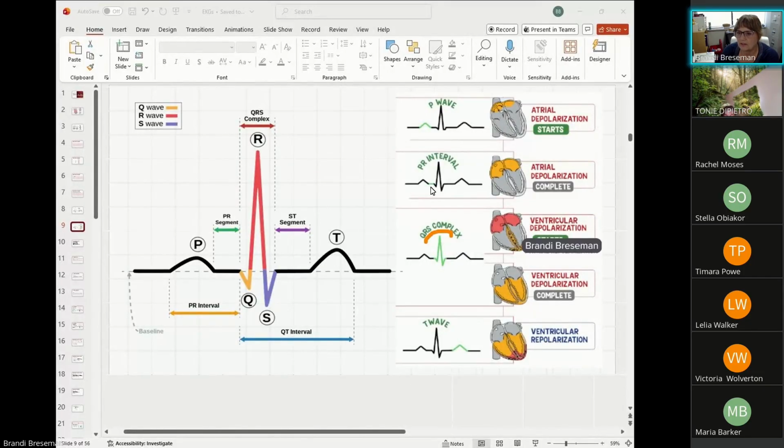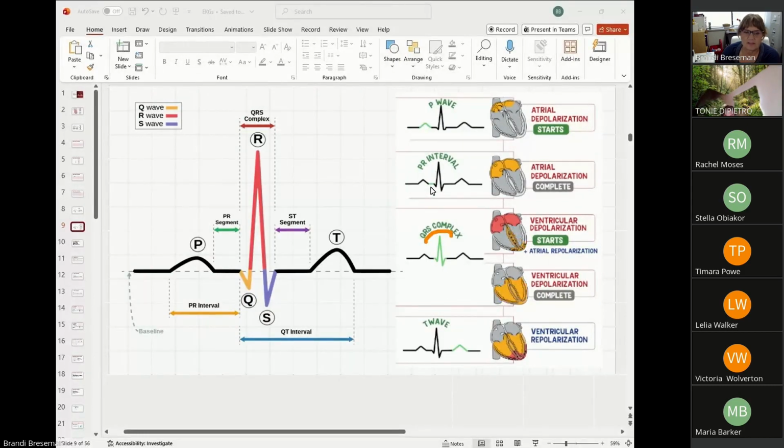It's showing you that it's going down the bundle of His and starting to go into the Purkinje fibers. And then it eventually goes through all the Purkinje fibers. So you have depolarization or contraction throughout all the ventricle. Okay.